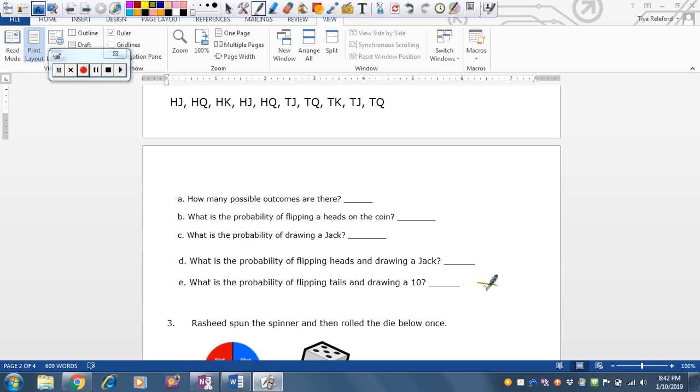So how many did you count? 0 out of? So 0 out of 10. There is no way you can get tails and 10, because there are no 10 cards, right? So when you simplify this, your answer is going to be 0.